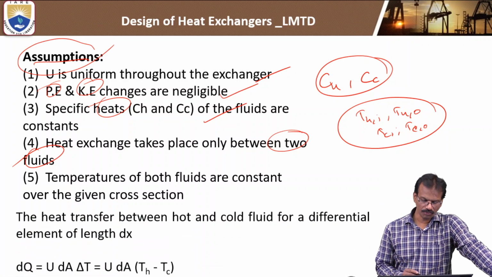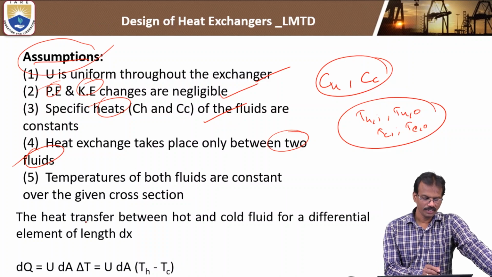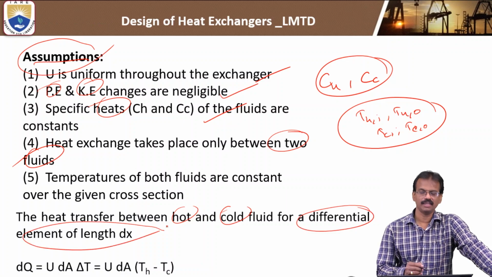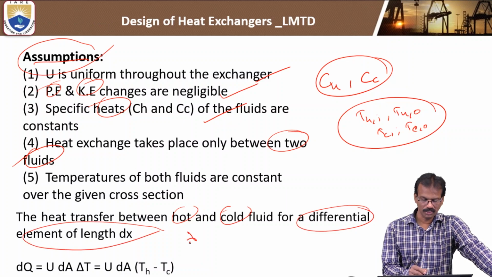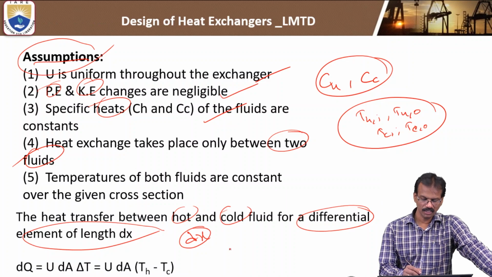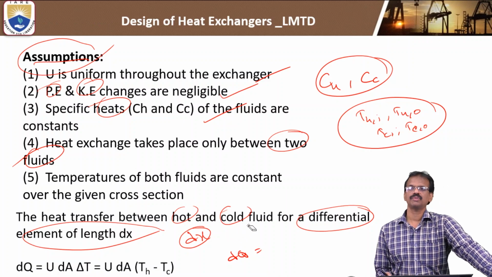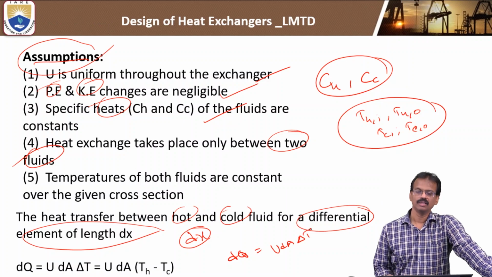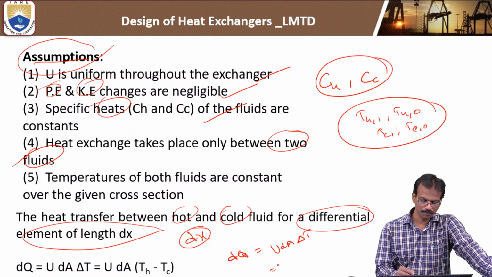First of all, we'll take the heat transfer between hot and cold fluid for a small elemental area, that is dx. For this small elemental area, dq is the derivative, because Q is the overall, so dq is the rate of heat transfer for this small element. dq is equal to U dA into dT, where dT is the temperature difference: U dA into hot fluid temperature minus cold fluid temperature.